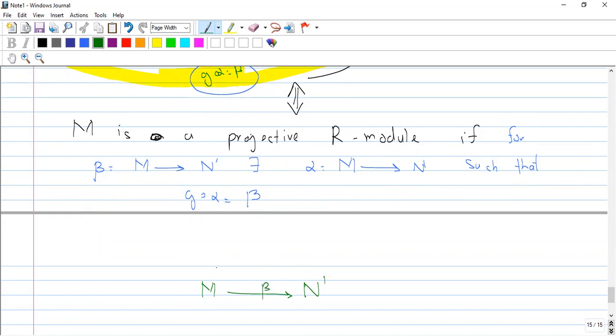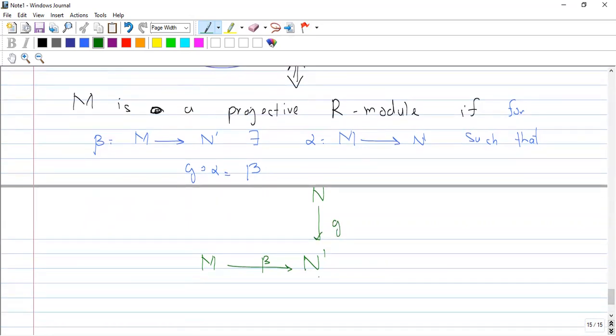This is N, and we know that G is a map from N to N dash, and it is given that G is a surjective map. So what they are saying is that I can always find a map from M to N, which is alpha, such that G composition alpha is equal to beta.